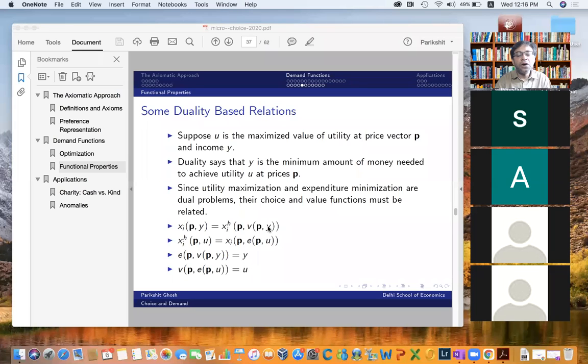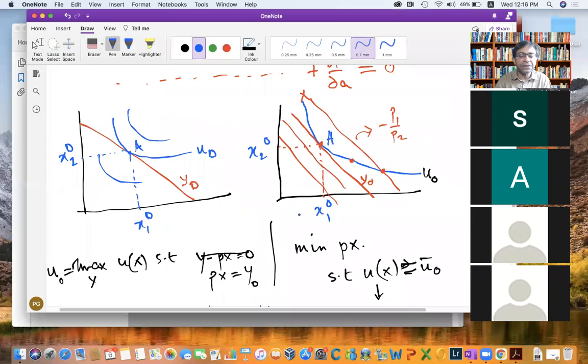If you fix the money income at Y, this is the maximized value of utility. Now if you put that value of utility in the Hicksian demand function, you get back the Marshallian demand function for that income level Y. That is essentially restating the condition that the points of tangency are the same. It's the same solutions.